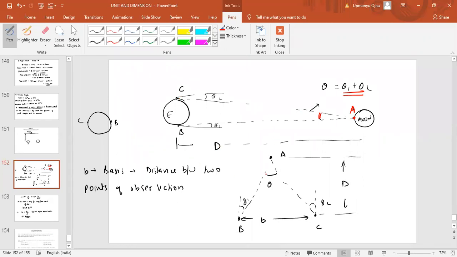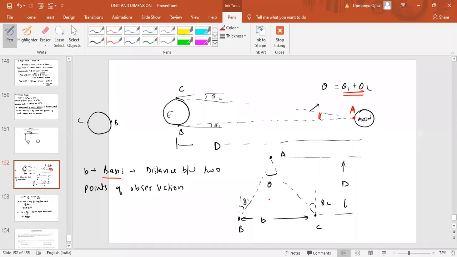Now we can write like this also. B is a point on the earth. C is another point on the earth. The distance between B and C is known as the basis, which is the distance between the two points of observation. Now this point A is on the moon. The distance between A and earth is D. Now this angle is theta.